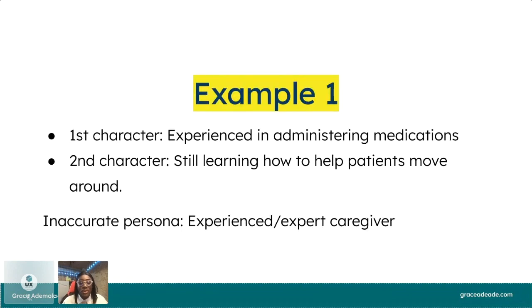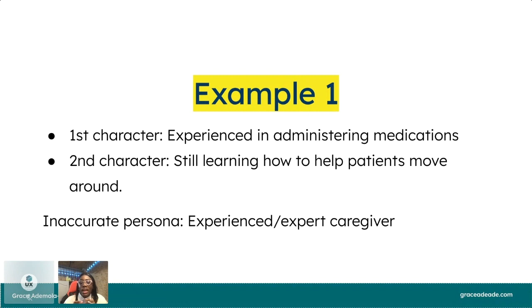So an example here is, say, the first character saying that this person has experience in administering medications, but the same person is still learning how to help patients move around. I'm using a carer right now as an example, someone that goes to people's homes to take care of them.